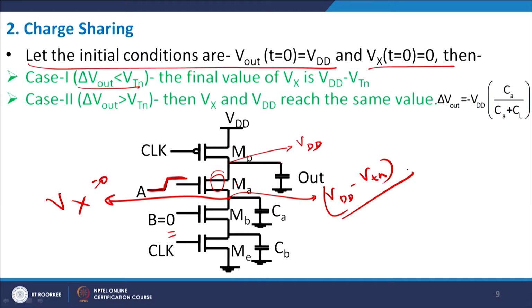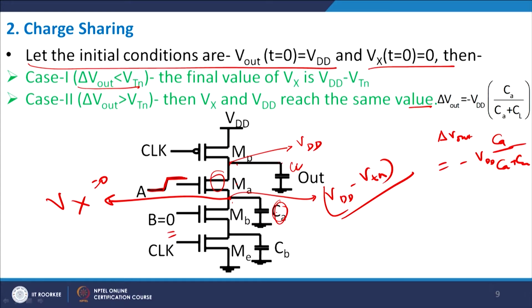But if the change in del V out is very large and much larger than the threshold voltage of this MA, then Vx and VDD will reach the same value, and del V out will be VDD upon CA plus CL, where CA is this one and this is CL.